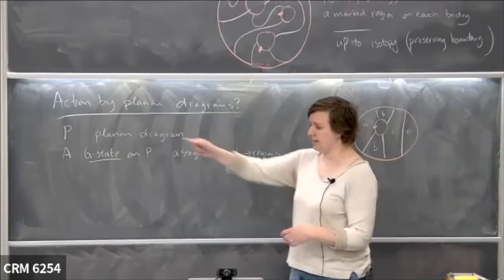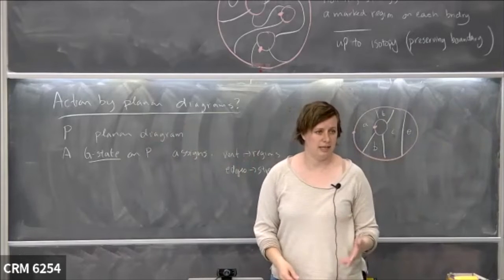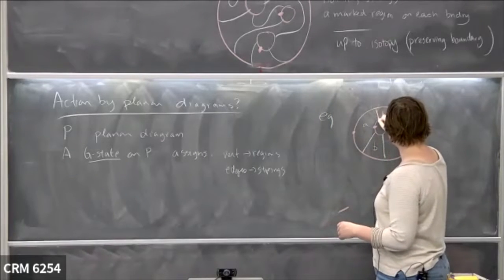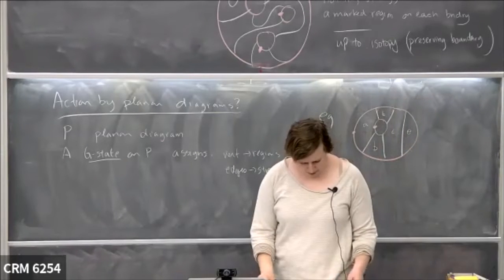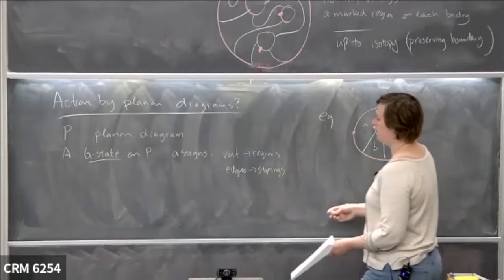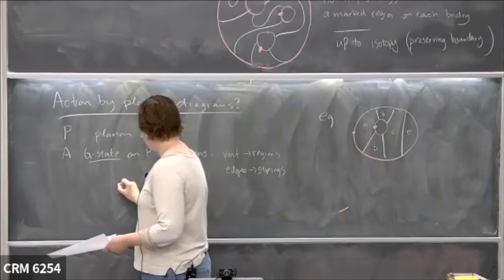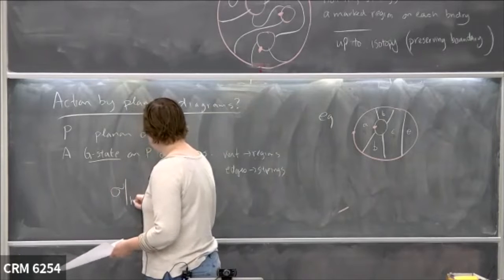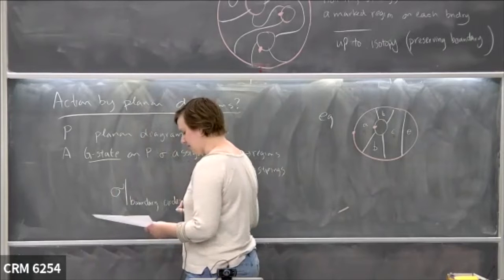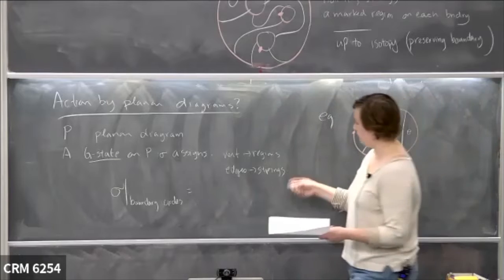Because we had a simply laced graph, I didn't label the edges, but if our graph had more complexity, of course, we should keep track of not just the vertices, but which edge gets assigned to each string. Now if we have a state sigma, and we read around one of the boundary circles, what we get is a loop on our graph.